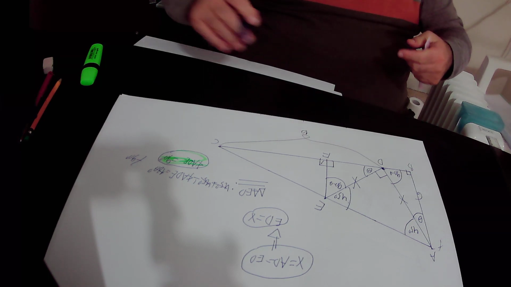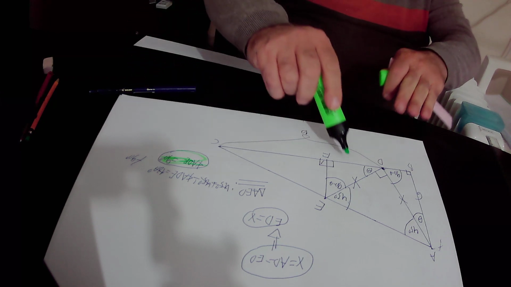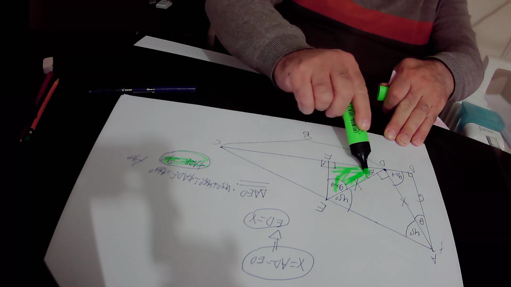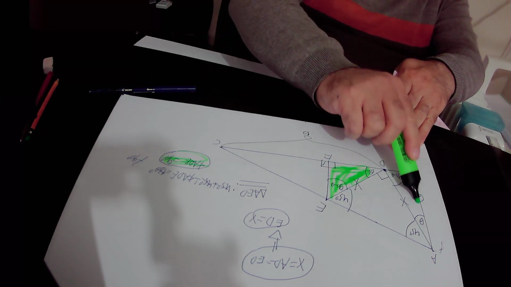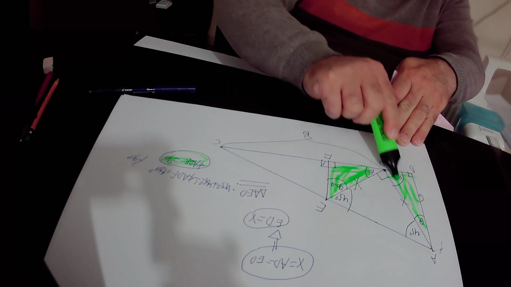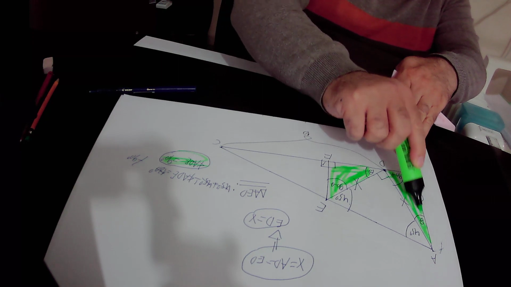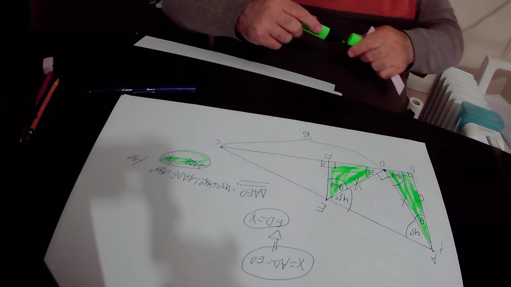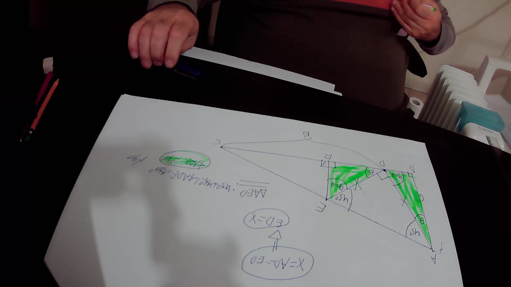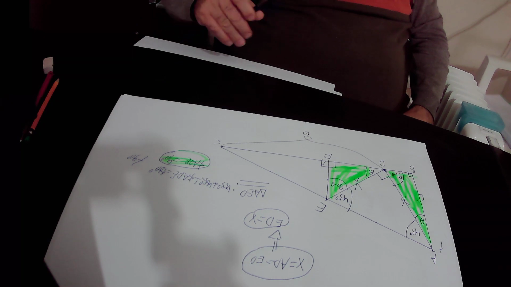In the next step, we will prove that those two right green triangles are congruent to each other. Why are those two right green triangles congruent to each other?